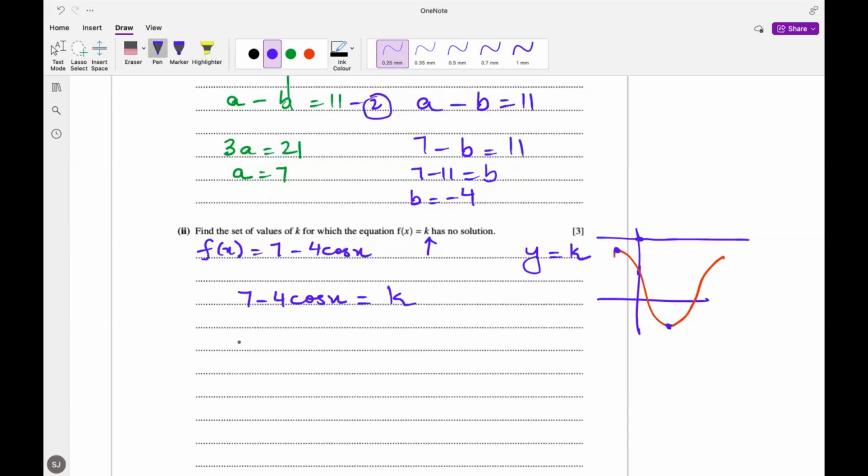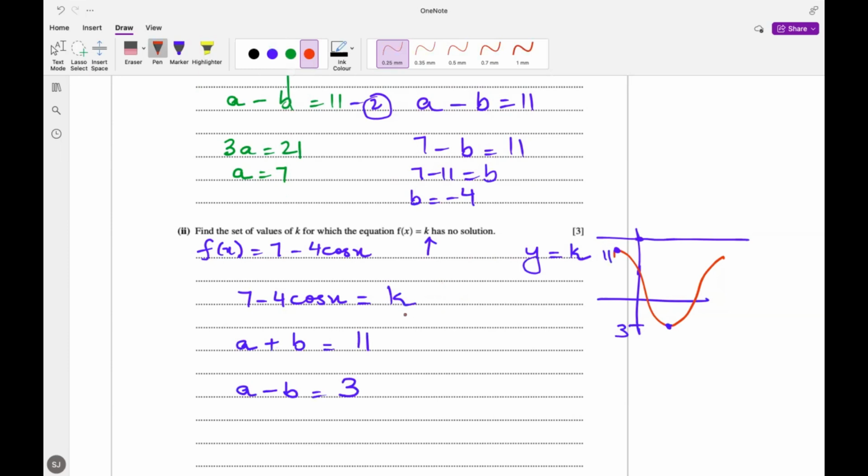For the cos function, the maximum point is given by a plus b and the minimum point is given by a minus b. So a plus b, 7 plus 4, that will make it 11, and a minus b, 7 minus 4, that will be 3.